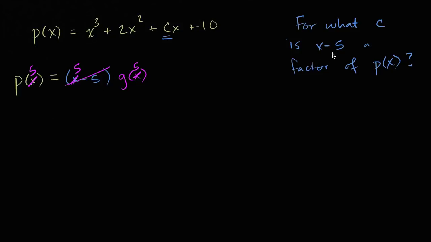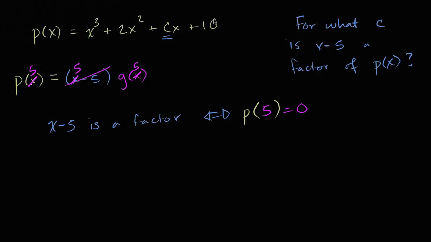So x minus 5 is a factor if and only if p of 5 is equal to 0. You could say that 5 is a root of the polynomial p.